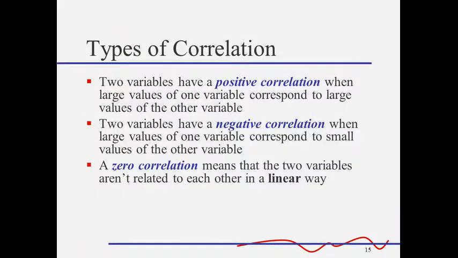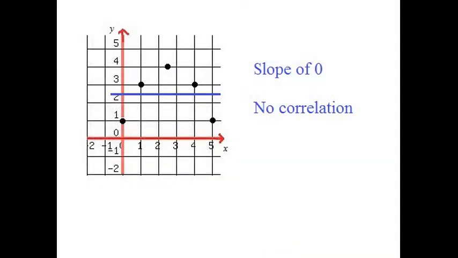A zero correlation means that the two variables aren't related to each other in a linear way. Here is an example of 5 points with no linear correlation. When I draw a line through the points, the slope is 0 and R is also 0. However, it's important to remember that the linear correlation coefficient only measures a linear relationship.